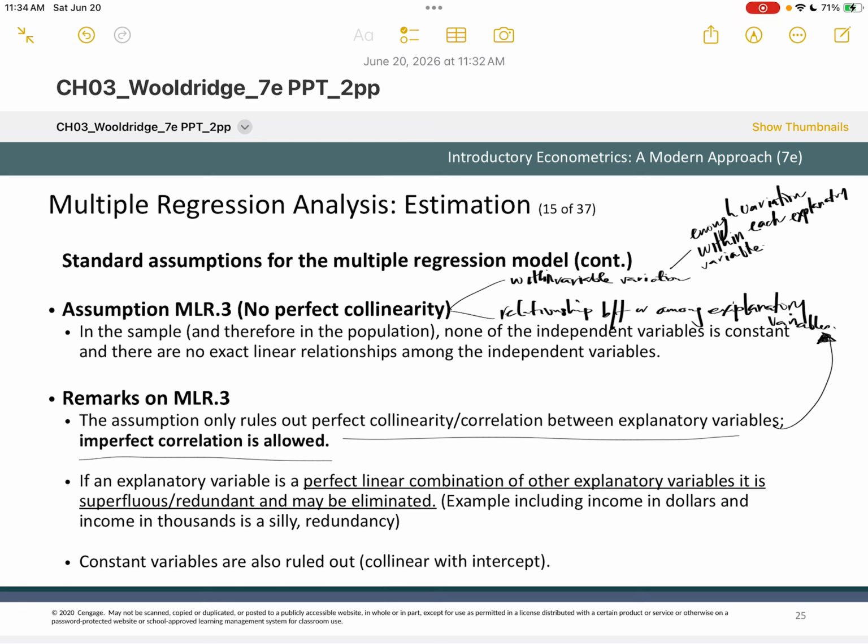So it has not violated the no multicollinearity assumption. It has not violated that.